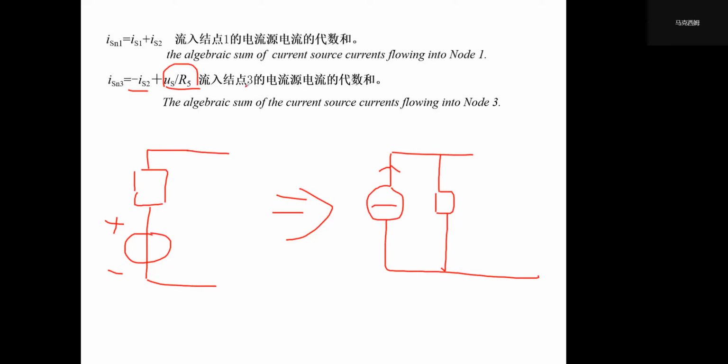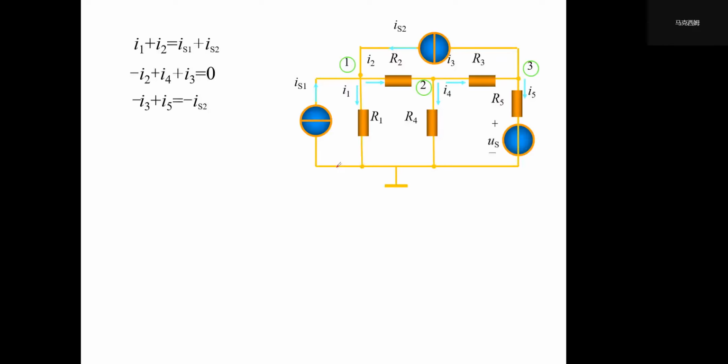The current equals the voltage source's voltage over its series connected resistance, so we can calculate like this. For node 3, we have IS2 flowing out of it, and we have US and I5 going through it, so we can transform this into a series connected R5.